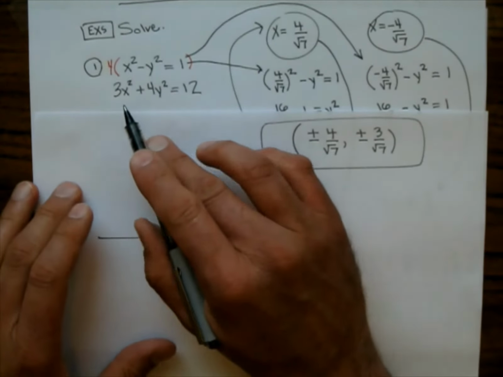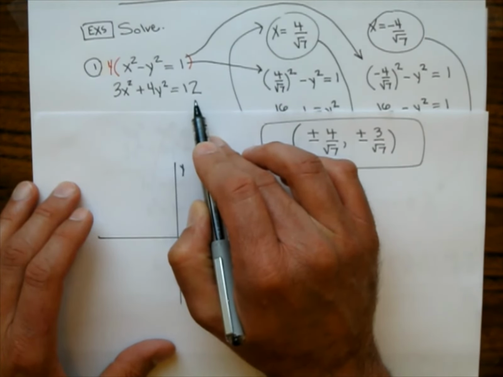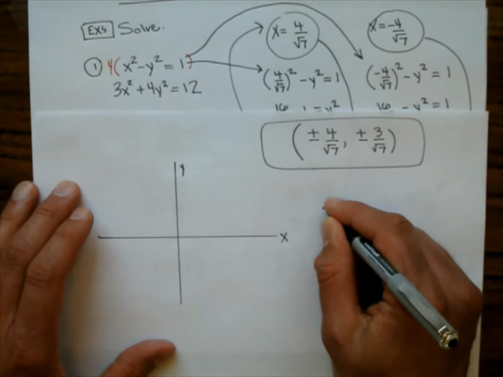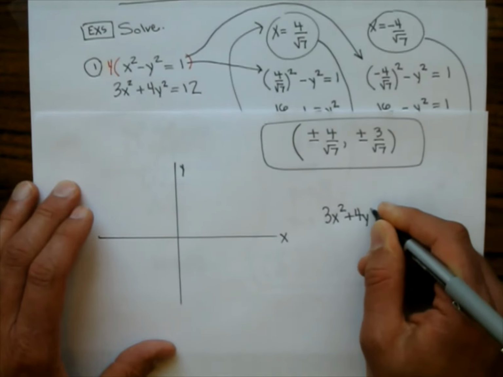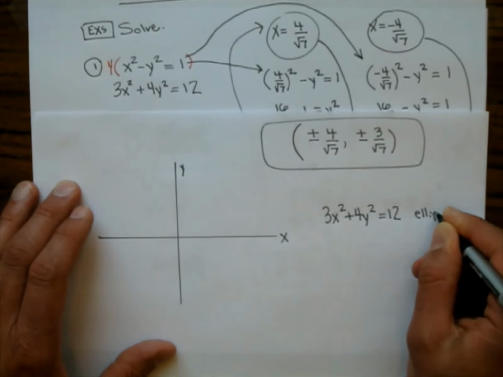This bottom one is 3x squared plus 4y squared equals 12. This is an ellipse.